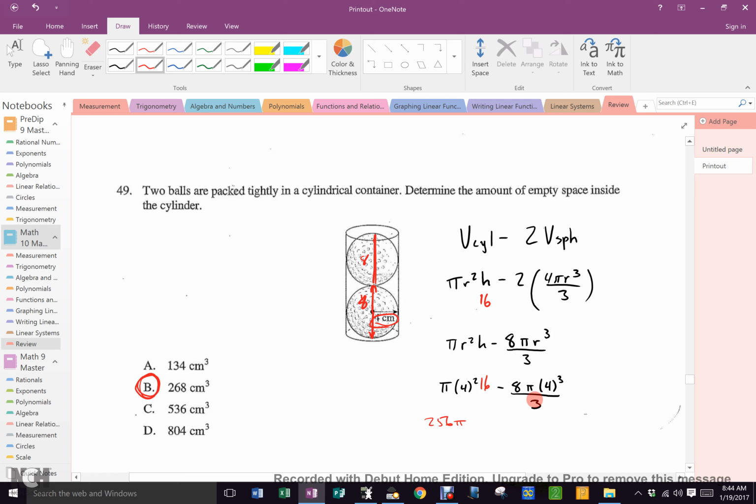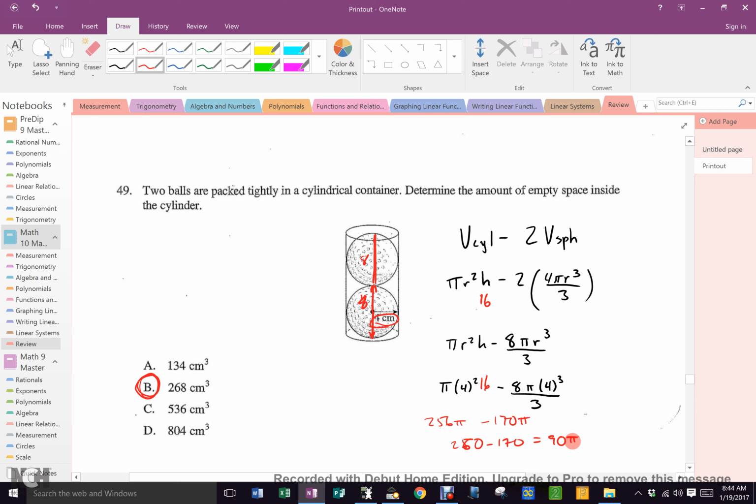is, what's 50 divided by 3? If you got $50 and want to split 3 ways, it's about 17, right? So this is about minus 170 pi. 250, call it 260 minus 170 equals 90 pi, right?